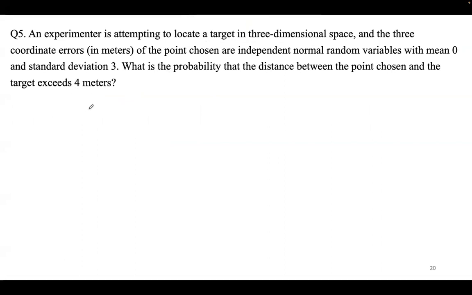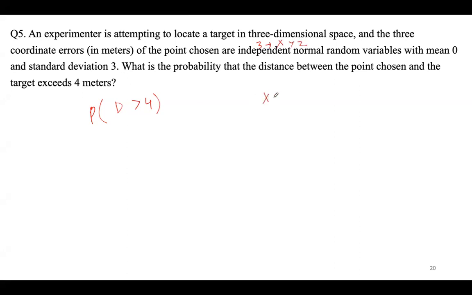First of all, what we are asked is the probability that the distance, let's call it d, exceeds 4. This is what we want to know. Alongside, let's call these three random variables x, y and z.